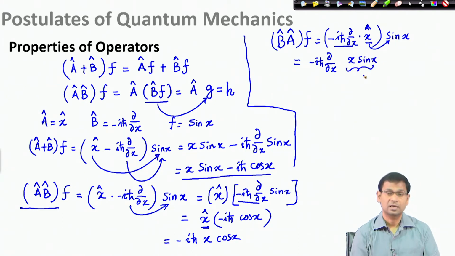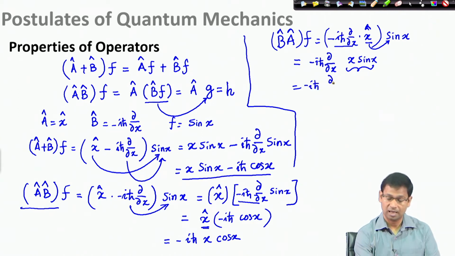Now this is a new function which is obtained after application of the operator x onto the function, and this new function will be acted on by the momentum operator. When I see here, I have to differentiate d by dx a function which is a product of two functions, x sin x, and I will have to be careful here because I will use the product rule.